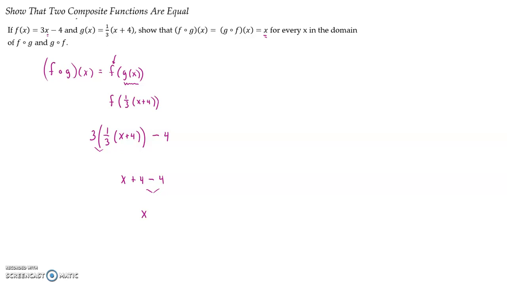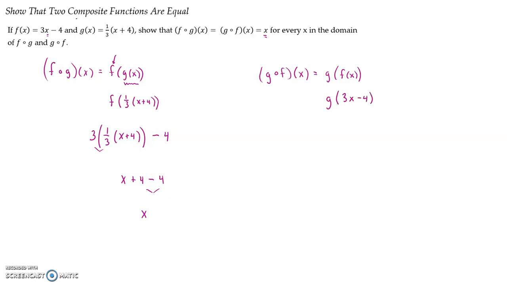So let's go ahead and do the other composite function piece. This time we're going to be working with g follows f of x. Right, this is the same thing as g of f of x, which means we're going to be finding g of 3x minus 4.